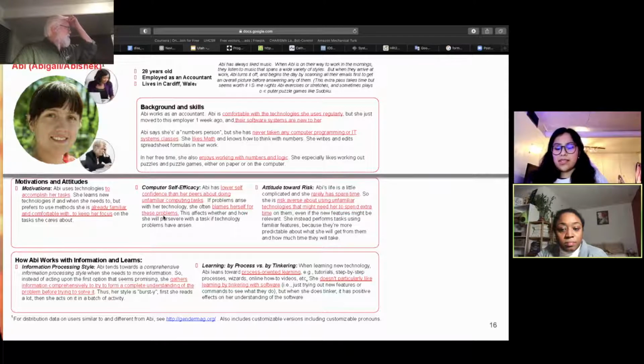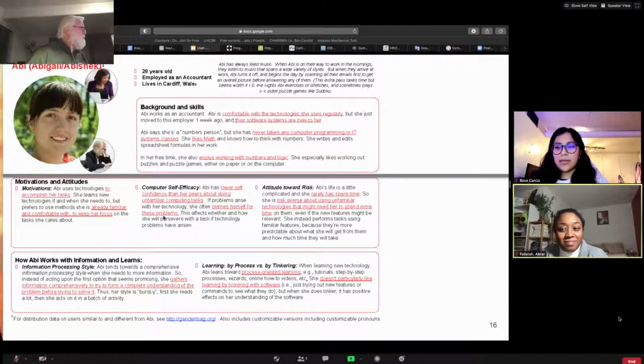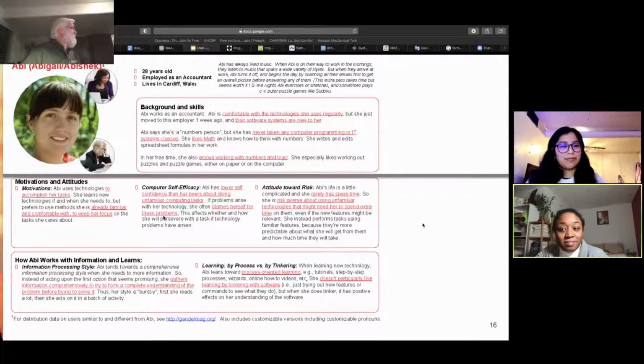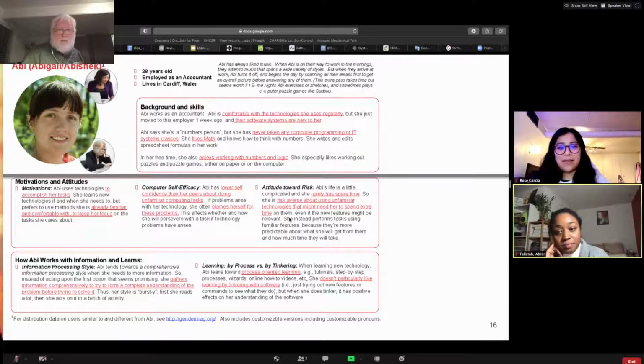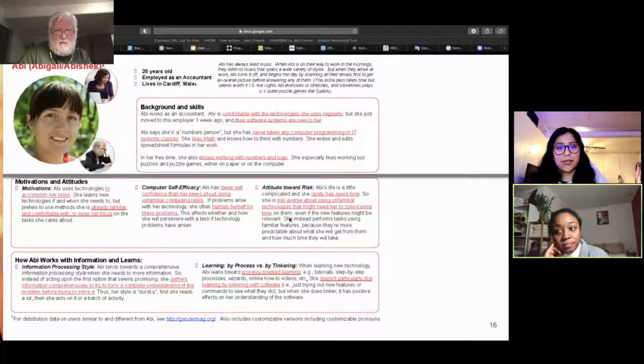And just as a side note, for this case, I'm going to define Abby as a woman, but Abby could be any gender. But for attitude towards risk, Abby rarely has spare time, so she's risk averse about using unfamiliar technology.